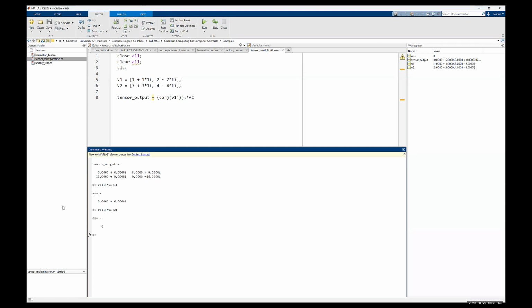So the first row will be the first element of V1 times all the elements of V2, and the second row will be the second element of V1 times all the elements of V2.